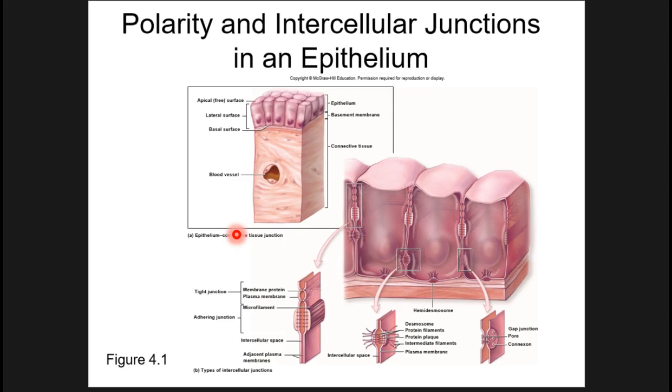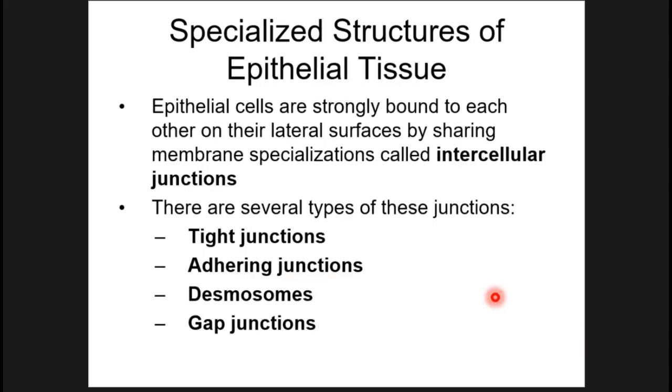What's that? Gatekeepers, prevent molecules from getting through the epithelium. Excellent. What's a desmosome going to do for you? Rivets, making a strong connection. Absolutely. And what's a gap junction going to do for you? Absolutely, yes. It's going to be like a tunnel, just as Jenny said. It's going to be like a tunnel that allows for quick communication and sharing of ions across cytosol. Excellent.